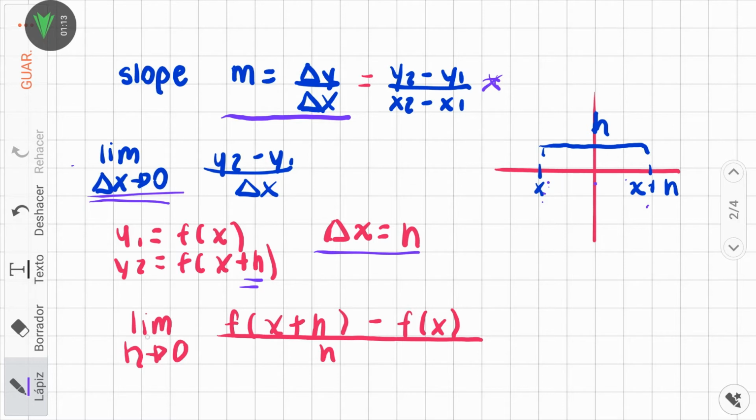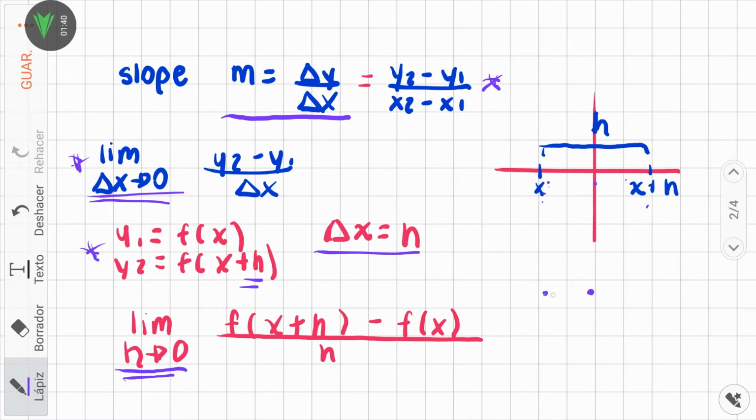So, simply what we do now is write our limit using the same limit here, but using these new names for our variables. And that will be the limit of f of x plus h minus f of x over h as h approaches 0. Now, why did I write as h approaches 0? Remember that f of x plus h and f of x are 2 points, say these 2 points.